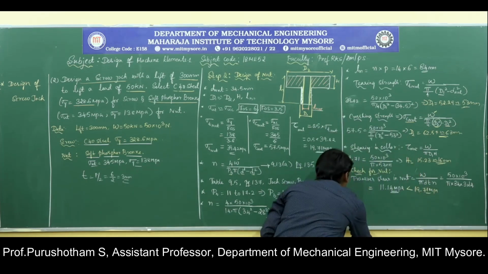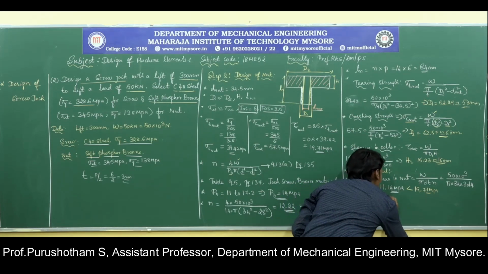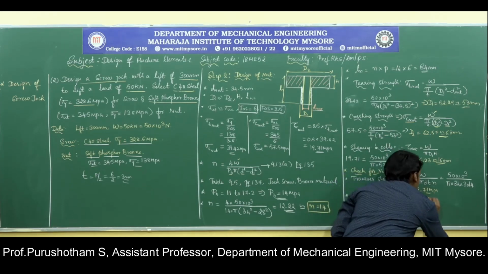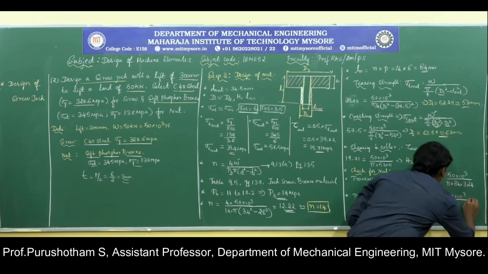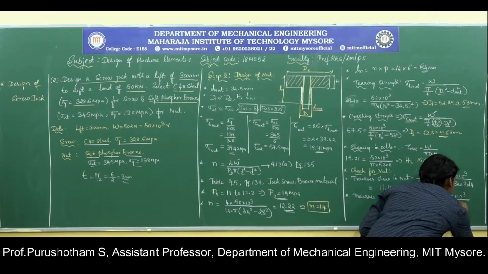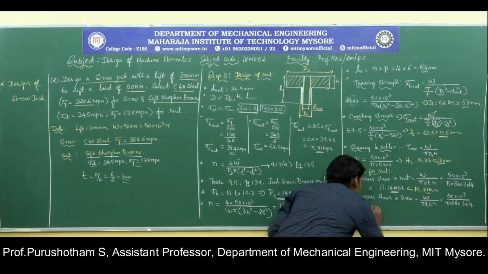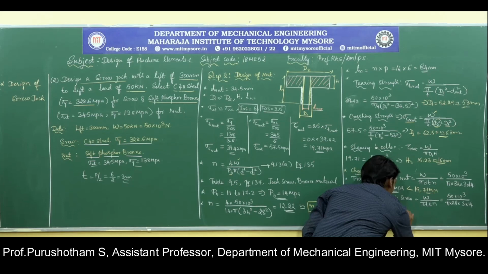Similarly, the transverse shear in the screw is given by load by pi d1 t into n. Load is 50 into 10 power 3, d1 is the minor diameter of the screw, that is 28, thickness is 3 mm, and n is 14. Then the induced stress is 13.53 megapascal.